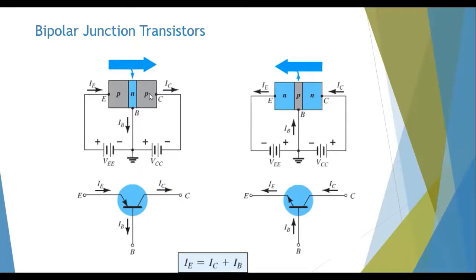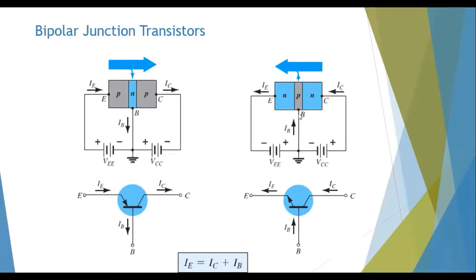For a PNP transistor, the emitter is actually a P-type semiconductor. So it will have positive charges in it, and the emitter is always a source of charge. So what is flowing from the emitter is positive charge. So the direction that you would show is actually the correct direction, because positive charge is already flowing away from it. So if you find a symbol for a PNP transistor, you'll find the arrow flowing from the emitter towards the base, away from the emitter, because it is already positive charge.